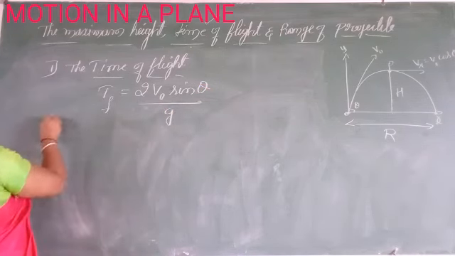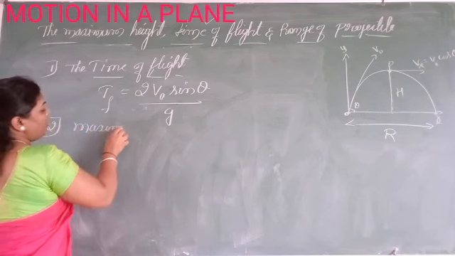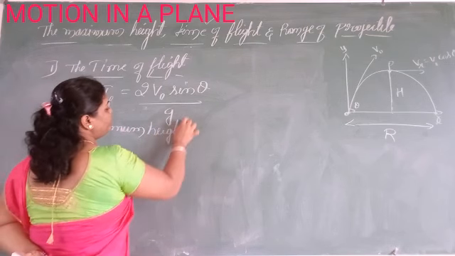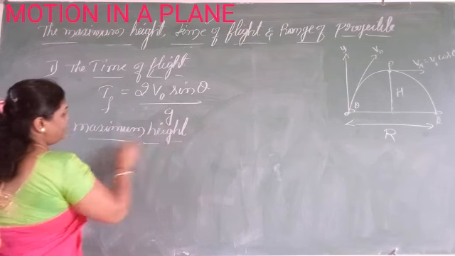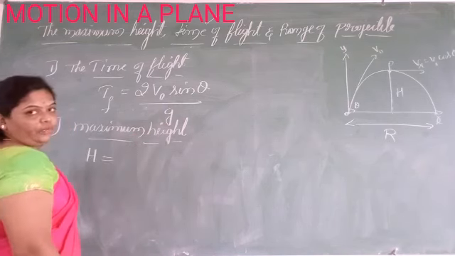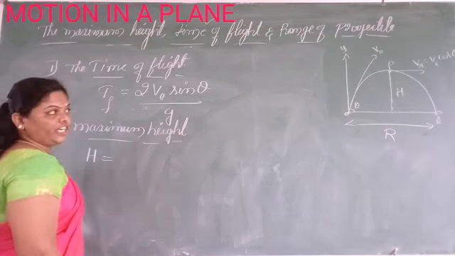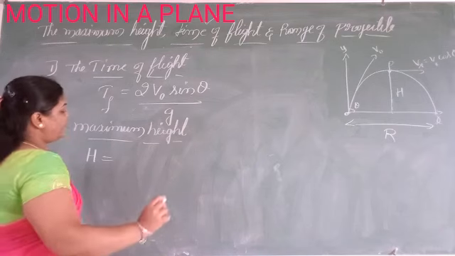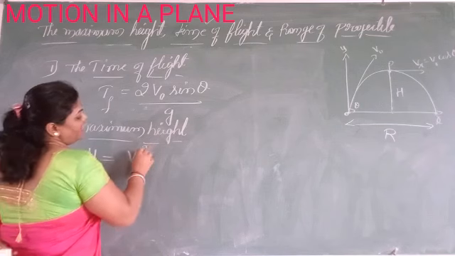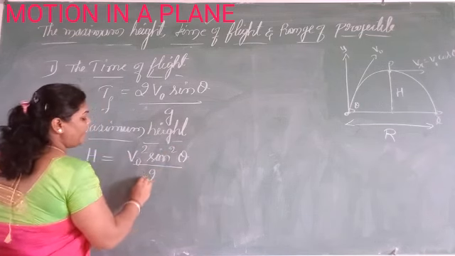And the second formula is the maximum height of the projectile, that is h is equal to v naught square sine square theta divided by 2g.